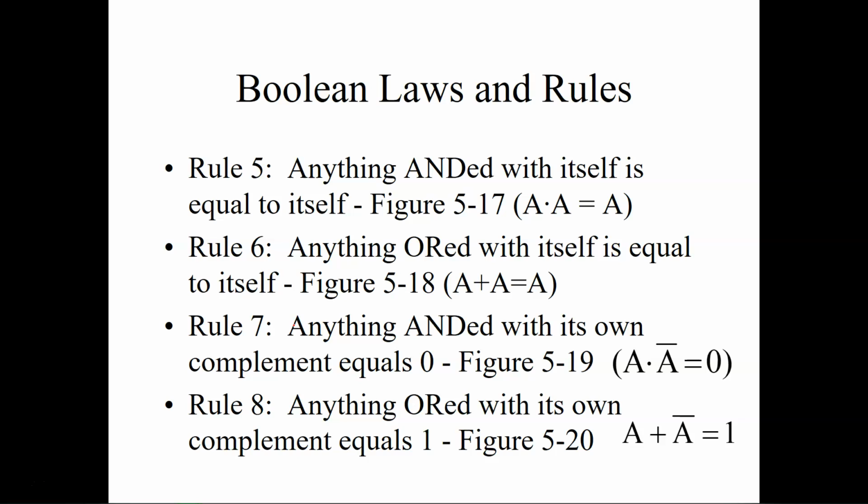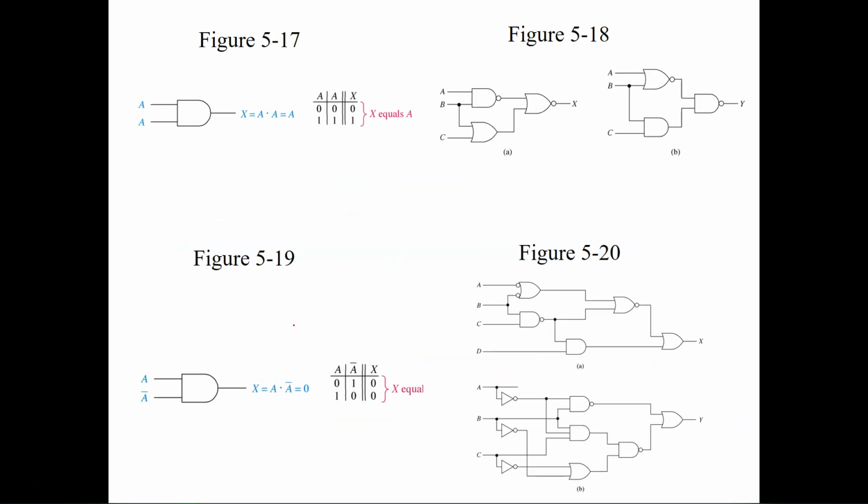Then you have anything ANDed with its own complement equals 0. So AND plus NAND, they're going to cancel out. Anything ORed with its own complement equals 1 because you're dealing with OR and NOR. So AND plus NAND gives you 0. Easy enough so far?